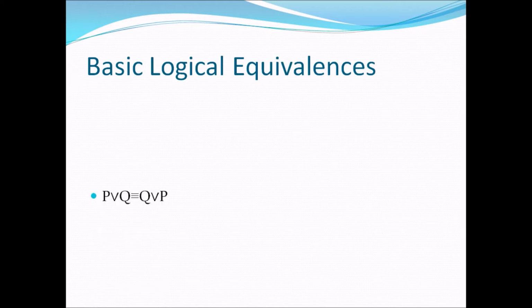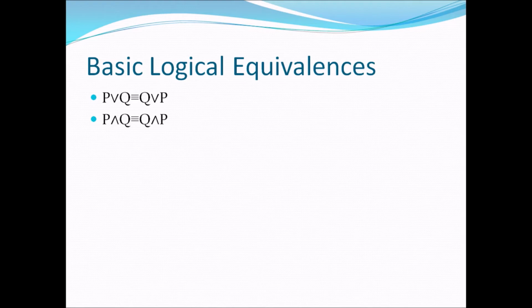So we have P and Q is equivalent to Q. Oh, P or Q is equivalent to Q or P. Sorry, I mix up the ors and ands. A little trick is I like to kind of think of the V as a boat, and you use an oar to row a boat, and the and it kind of looks like an N that points, so I think of the N and. So that's a neat trick.